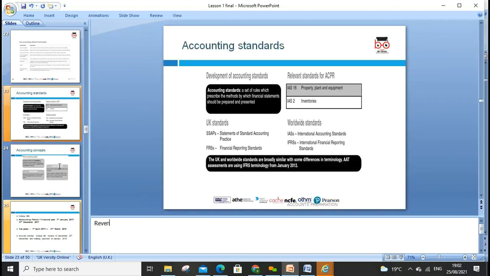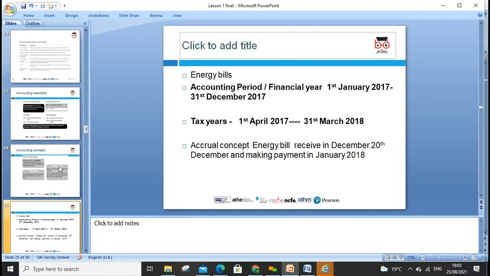I can say revenue, I can say turnover, and I can say sales. It's the same thing. When I'm using international accounting standards throughout the world, I'll use the word revenue. IAS 2 is about inventory, and IAS 16 is about property, plant and equipment. These are the standards which we'll discuss in the following lessons.